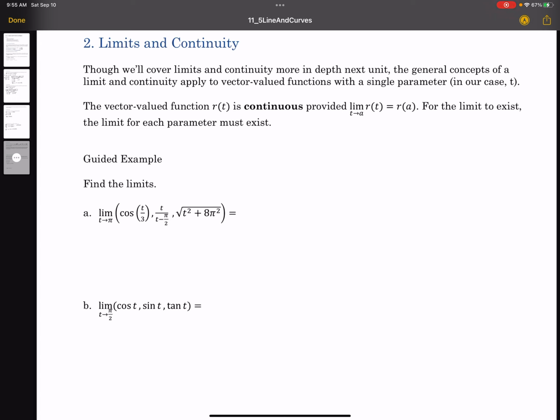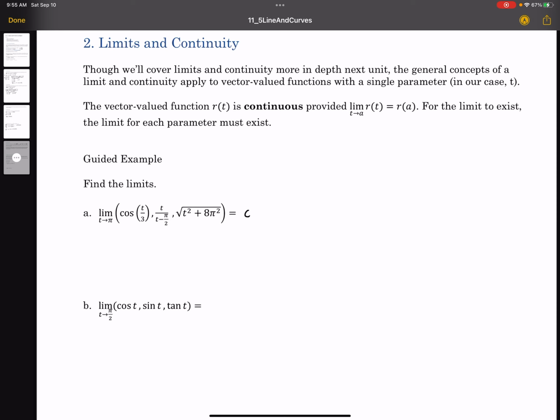So for A, the limit as t approaches pi is just going to be, so pi doesn't give us any problems for the first component. You can substitute in pi for the second component and for the third without getting a negative square root or dividing by 0.